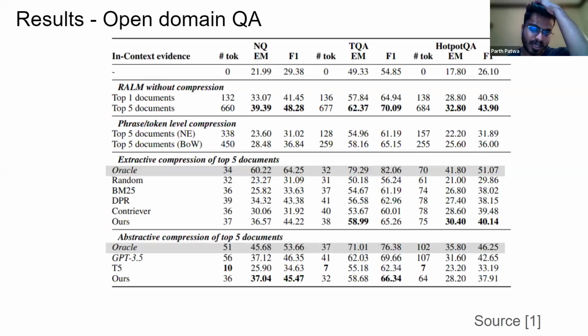After training their method which compresses the documents, they have shown results on multiple benchmarks where the summary provides better results than the baselines or than not providing the summary. This was one of the methods for improvement on RAG.